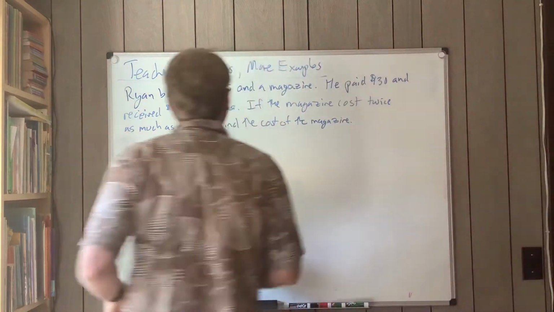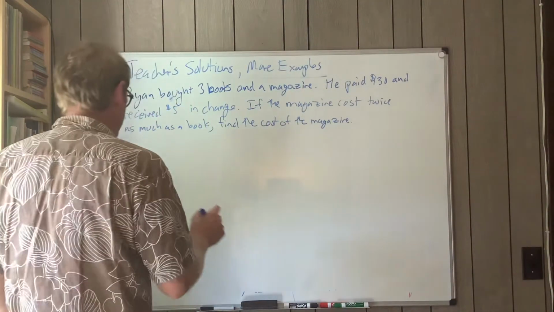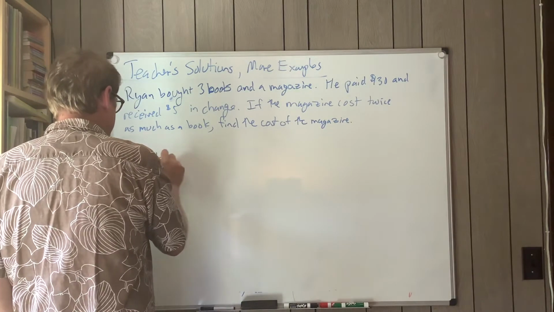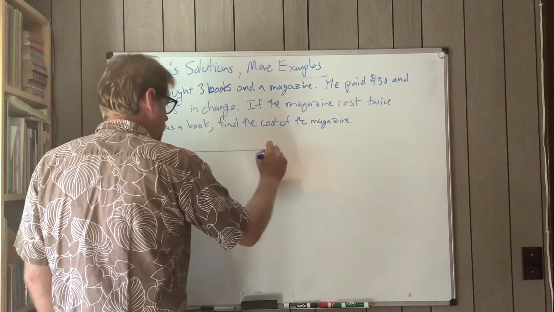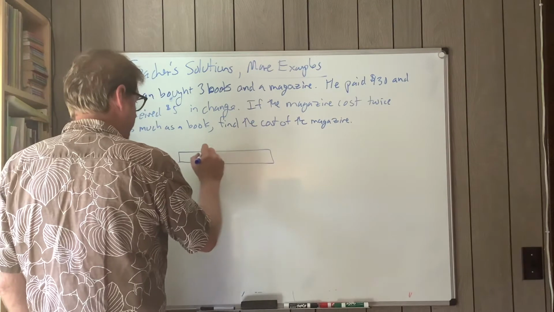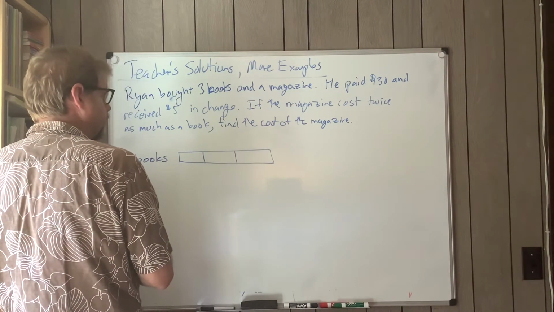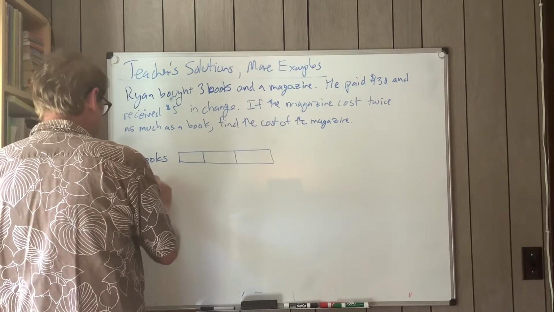All right. So we have 3 books. Say books here. And so I'm going to do a bar with 3 pieces in it. Do the magazine.